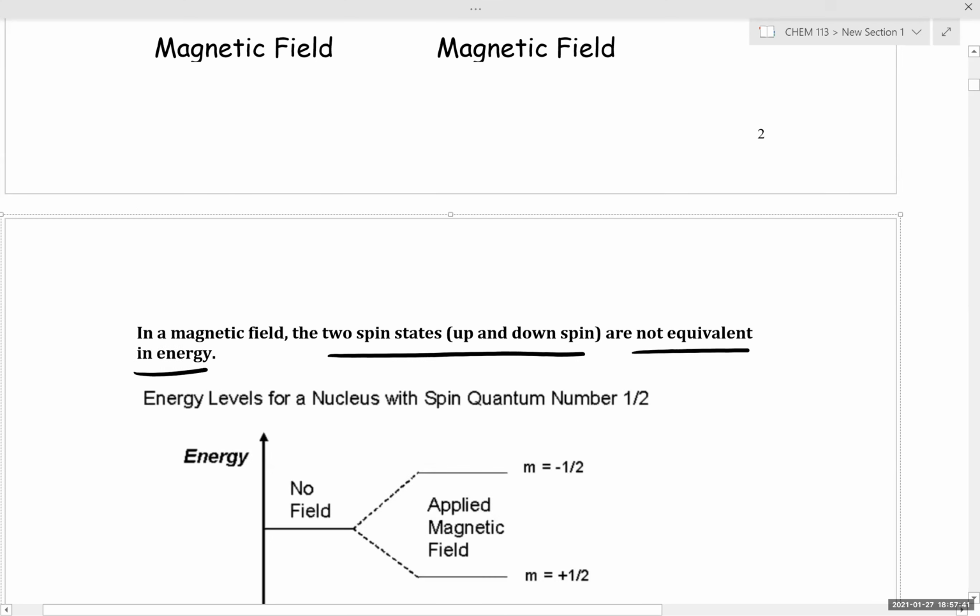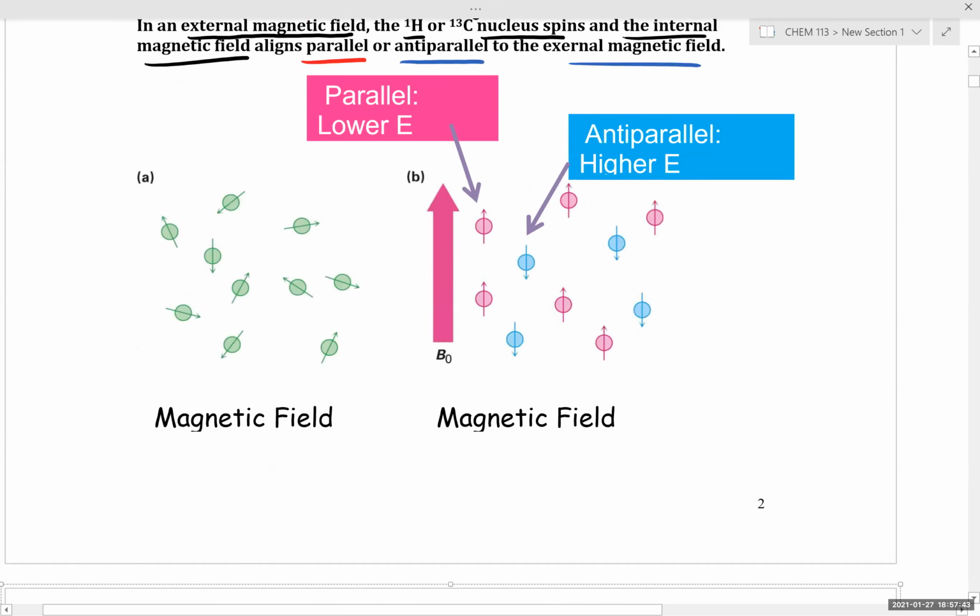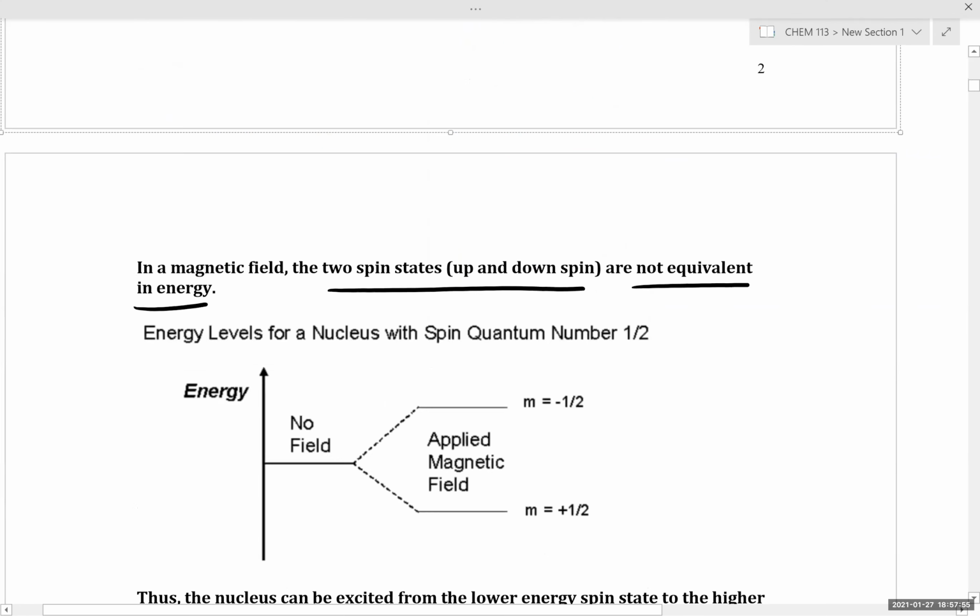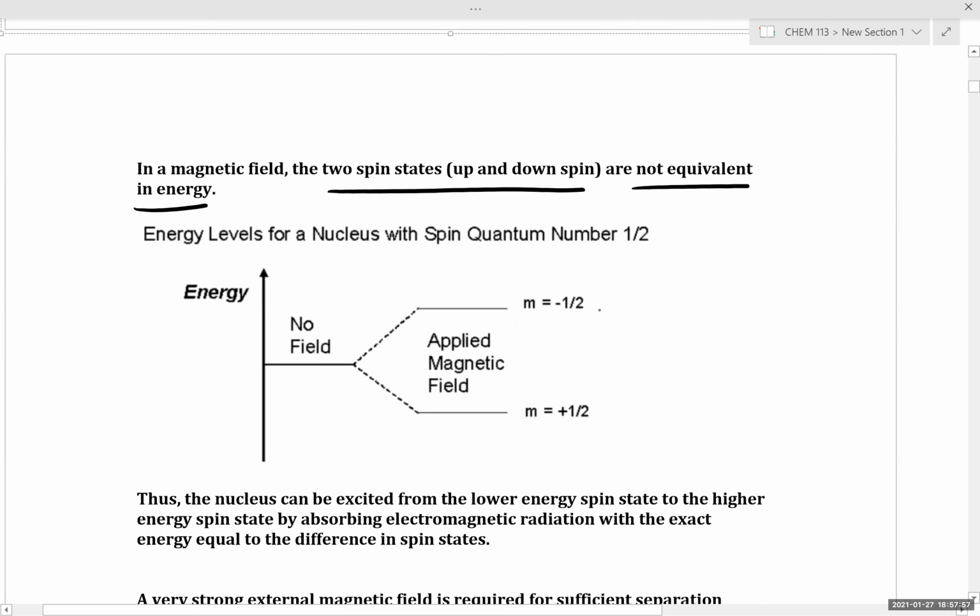Inherently, if you're opposing the external field, that spin state will be higher in energy compared to if it was parallel to the external field. So does everyone see how the two spin states now have a difference in energy?